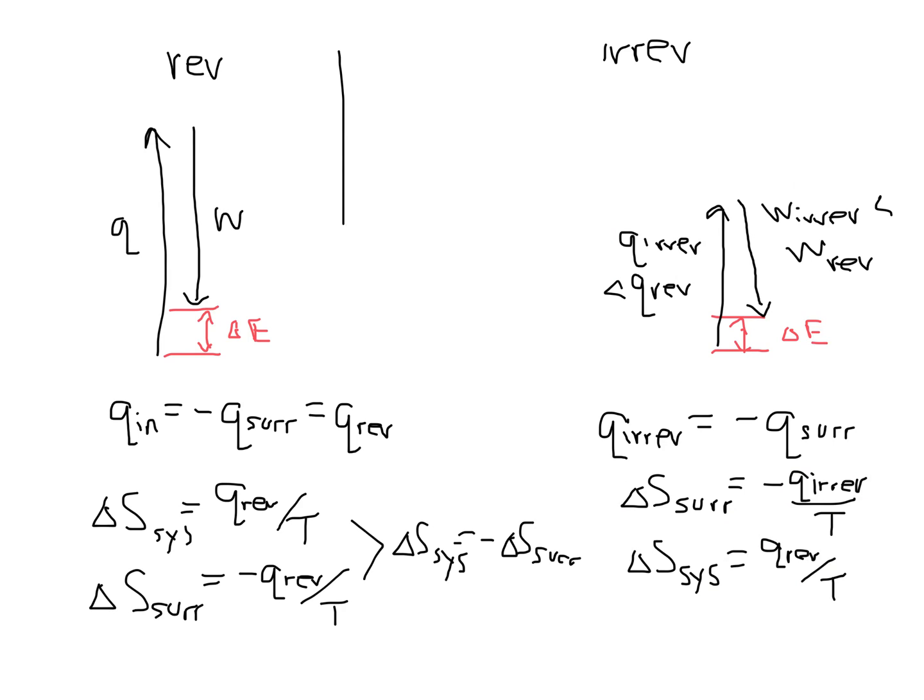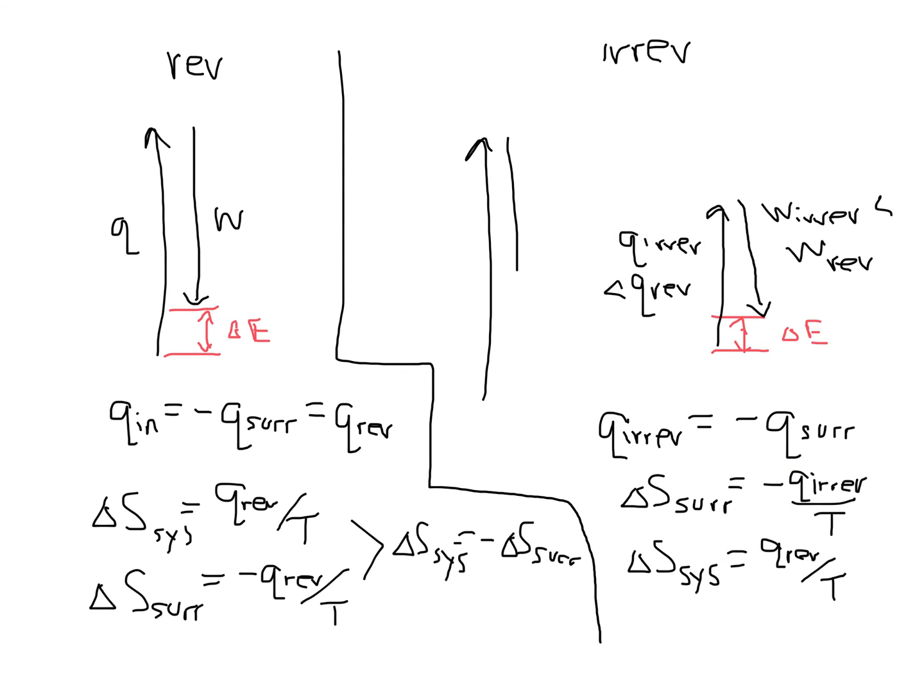So whereas in the reversible case, the amount of entropy lost by the system equals the amount of entropy gained by the surroundings, in the irreversible case, we can see that the system has gained more entropy than the surroundings have lost, and therefore the total change in entropy is positive as required by the second law.